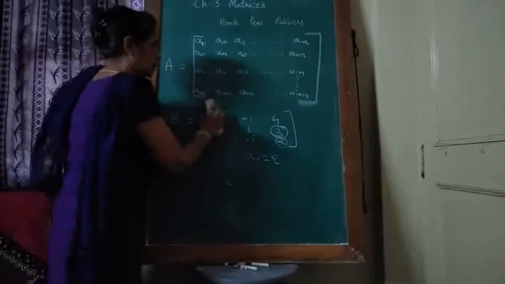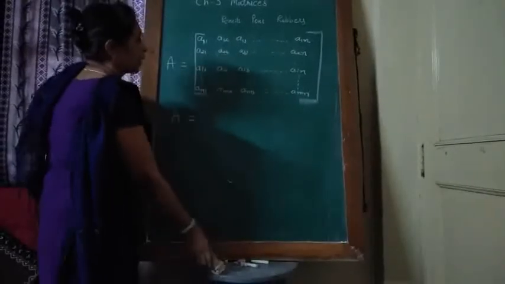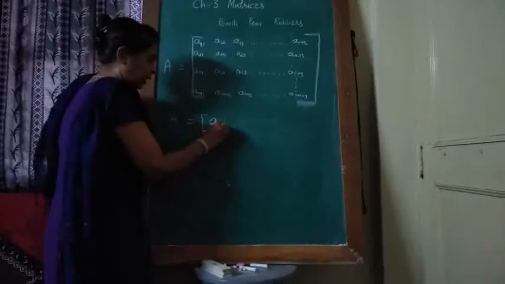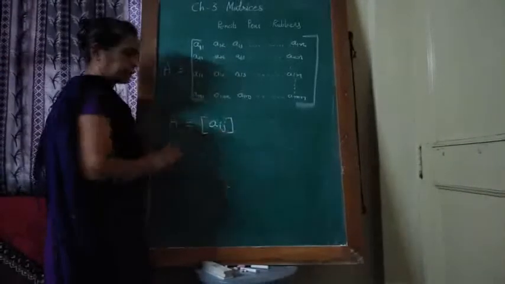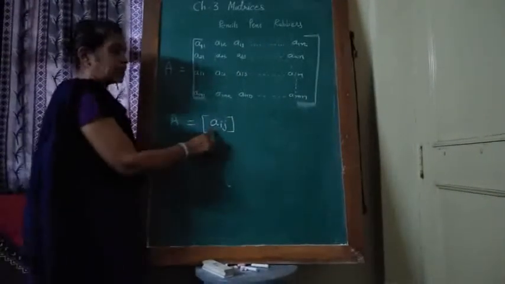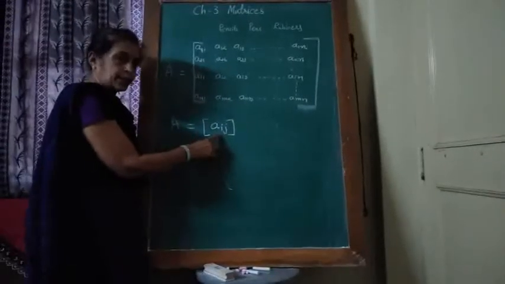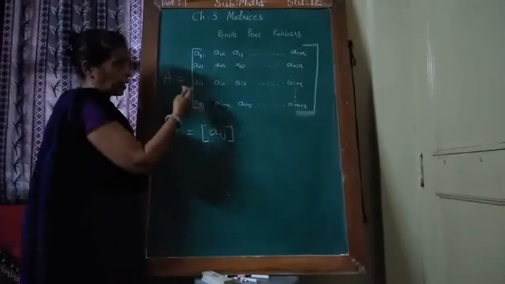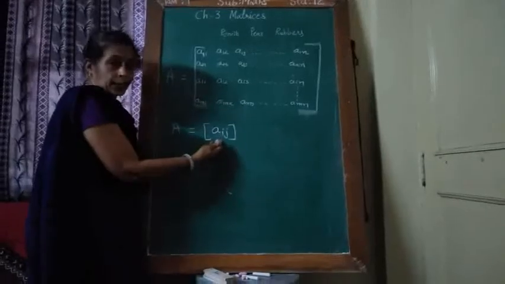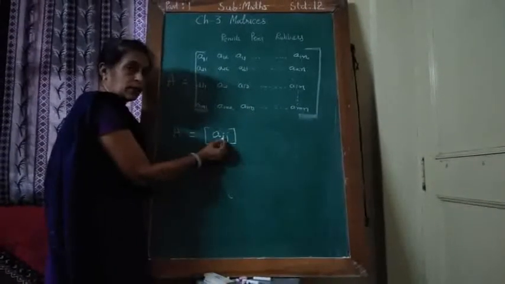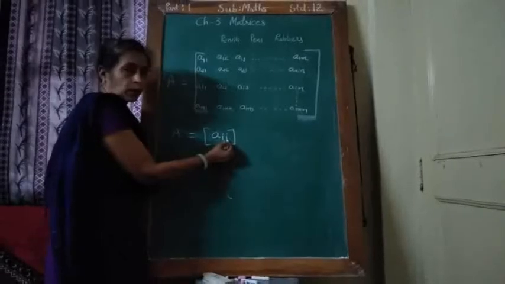Another thing is this matrix can be written in short form as Aij. Aij means all elements. Generally we write it this way, and I is for rows and J is for columns.